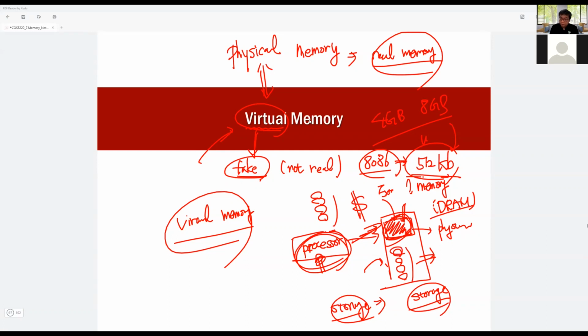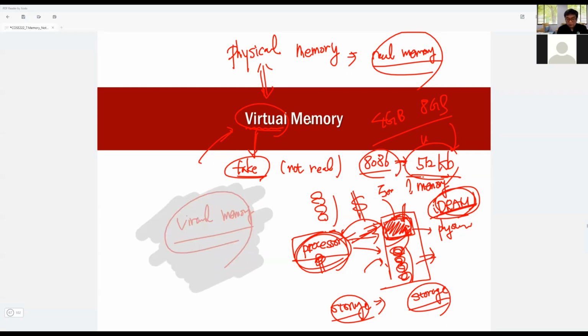But some data can stay in the large space of storage. Then if this data is accessed, it moves to the DRAM and is also used by the application. So this is the concept of virtual memory.